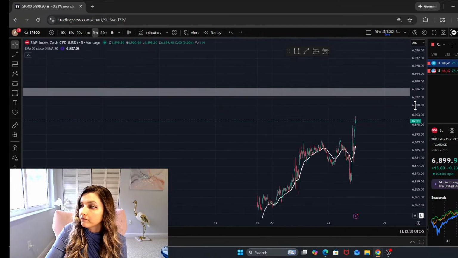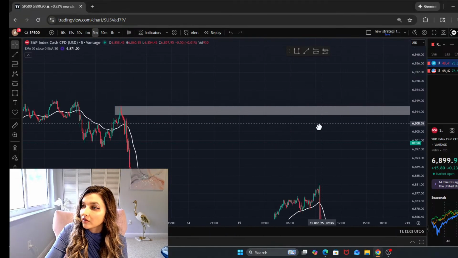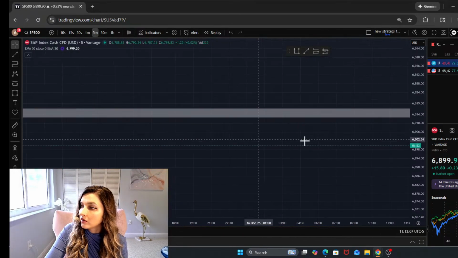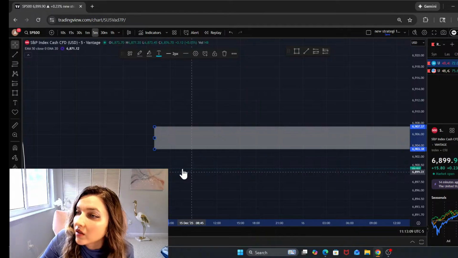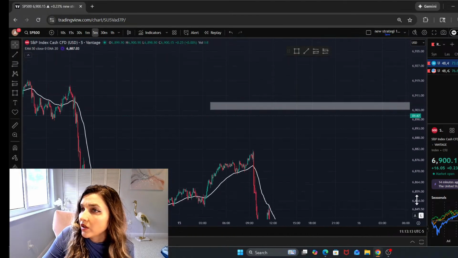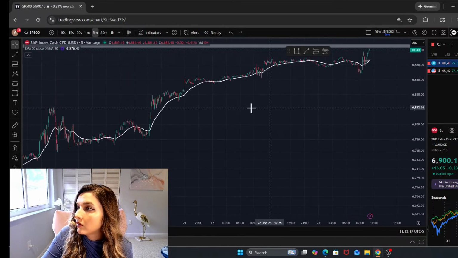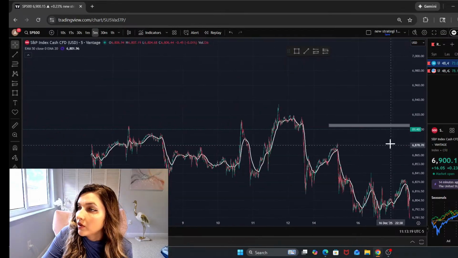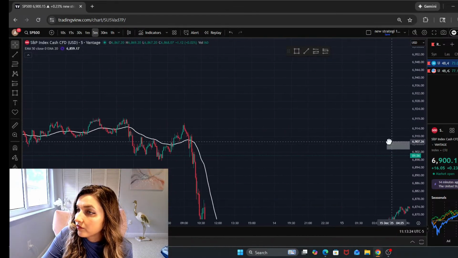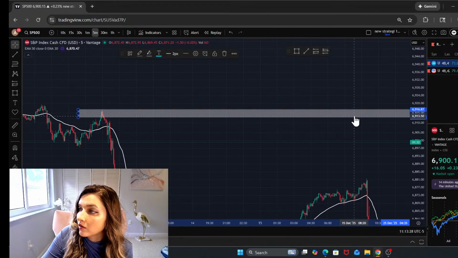Maybe here, the next area. Can make it a little longer till it retests the area. What am I doing? Here we go. Here.